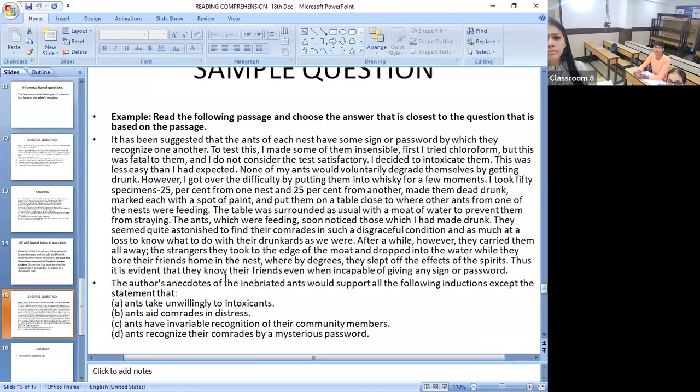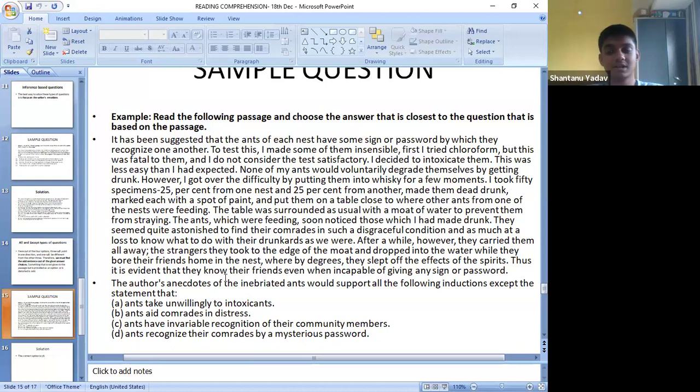The very first line talks about having a password to recognize each other. Mysterious words can be. Okay, the last line also says that it is incapable of giving any sign or password. I guess that's why the answer is D.